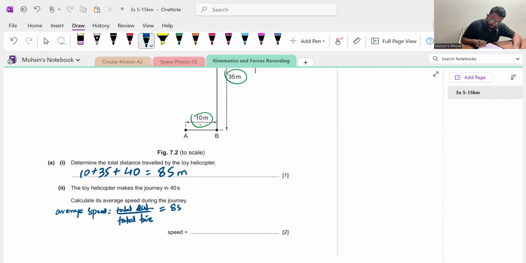So the total distance is 85 and the time it took is 40 seconds. So 85 divided by 40 is 2.125. So it will be 2.1 meter per second in two significant figures.